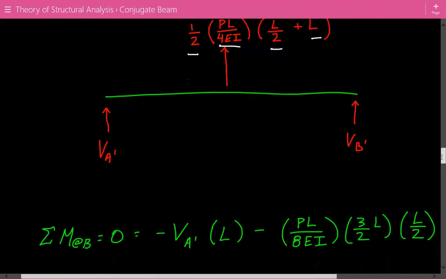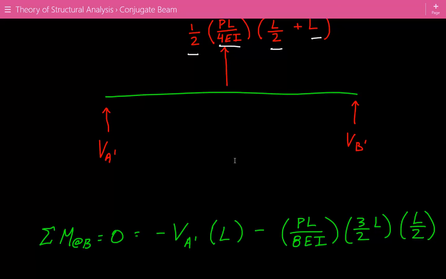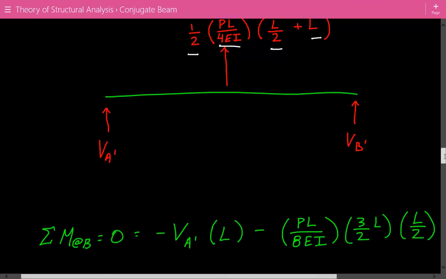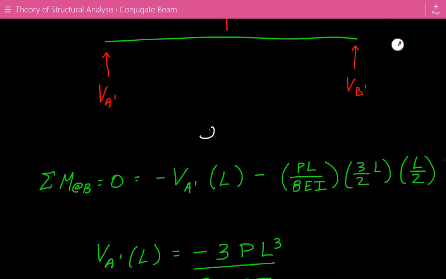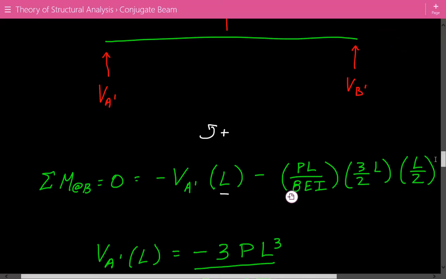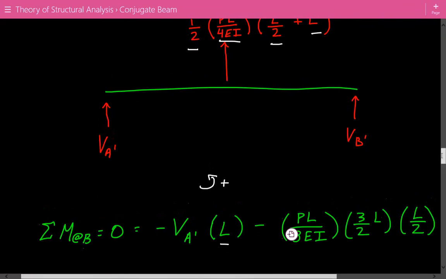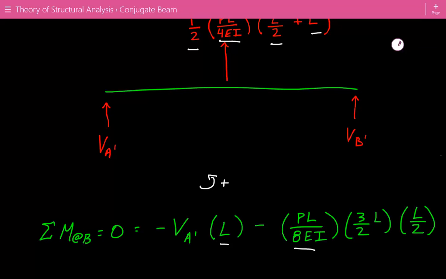To calculate the conjugate shear at support A, the simplest way is to take the moment about support B. So here's our static equation, where clockwise is negative and counterclockwise is positive. We take the moment about support B, so negative VA prime, that's the conjugate shear, times the moment arm L, minus PL over 8EI times 3L over 2.